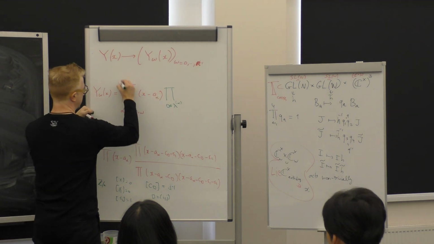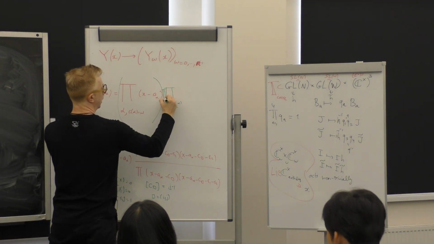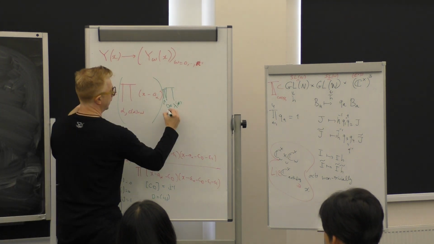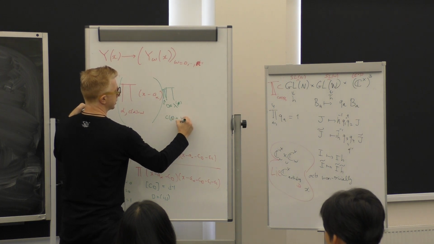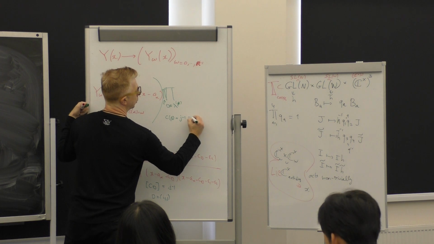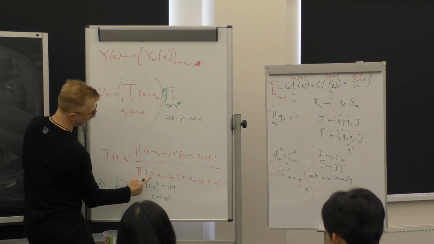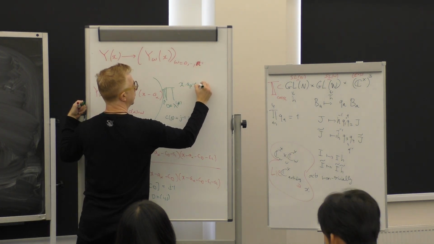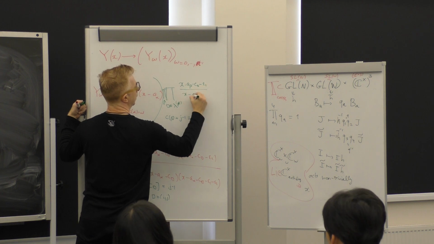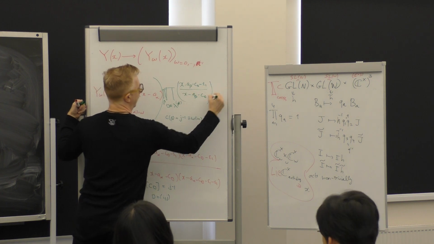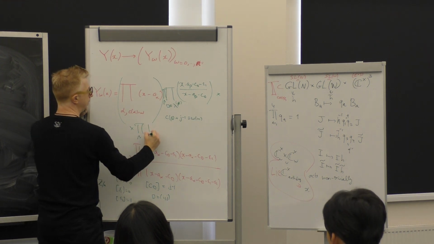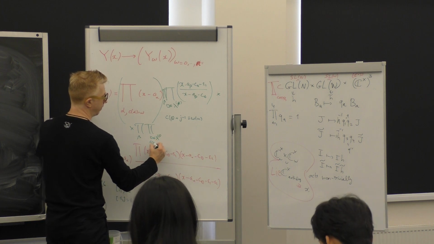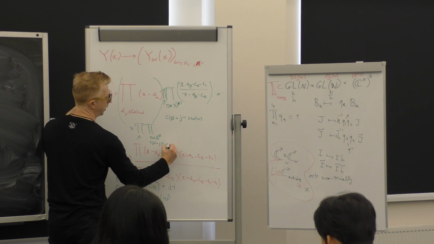So now, a different product over all alpha, over all beta, let's say, boxes in representation beta, such that C of beta plus j minus 1 is equal to omega mod n. And so I keep the first factors, x minus a_beta minus c(box) minus epsilon 1, times the product over all beta, product over all boxes inside the partition lambda_beta, such that C of beta plus j is equal to omega mod n.